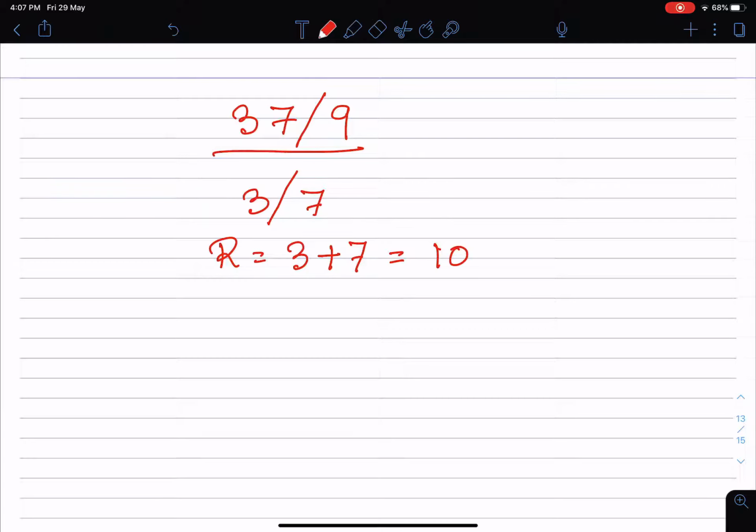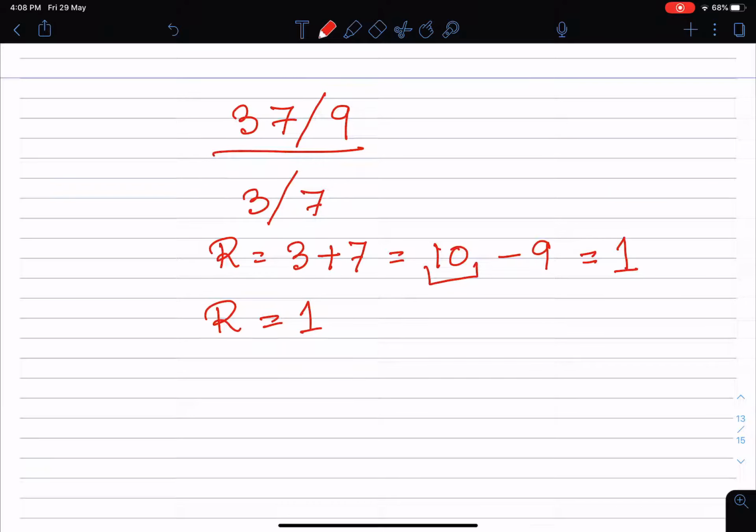Once you see 10, that means this 10 is more than 9. So we have to subtract 9 from this number. Once you subtract 9 from this number, what will be the remaining? It will be 1. So my R will be equal to 1.